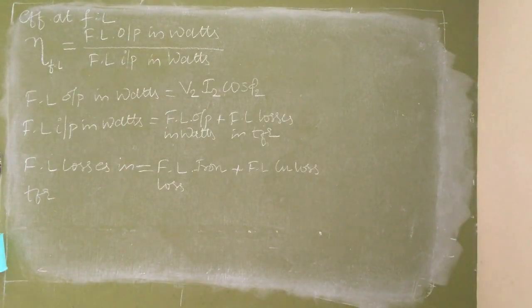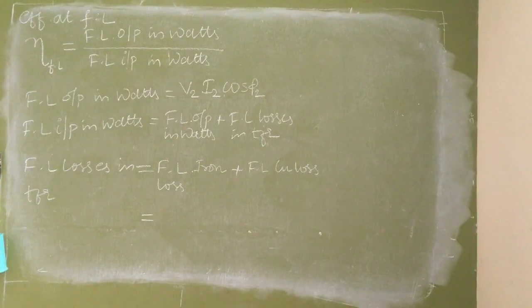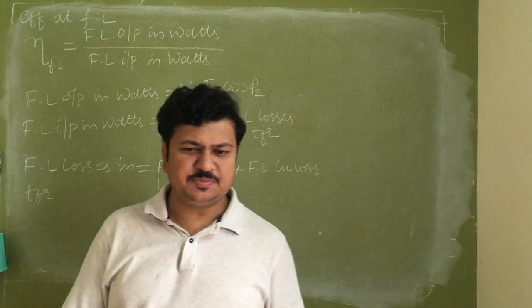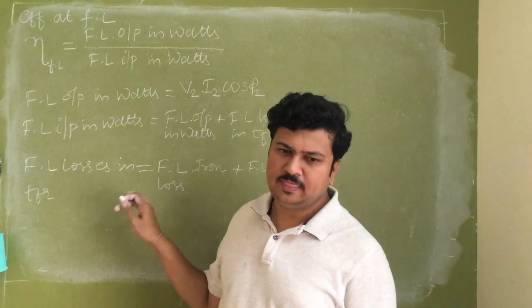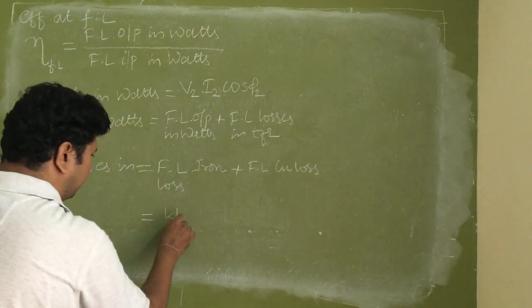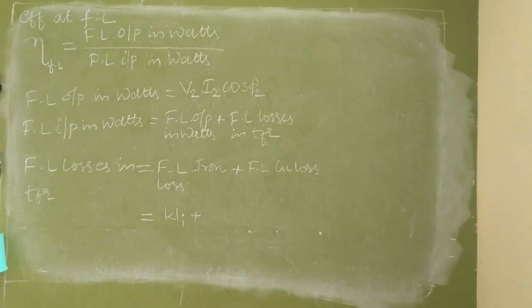I know that iron loss is a constant loss which will remain constant irrespective of the load condition. So there is nothing like full load iron loss. It is simply iron loss. So I will take it as Wi, iron loss, plus full load copper loss.